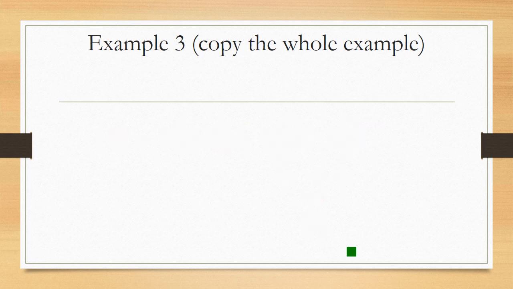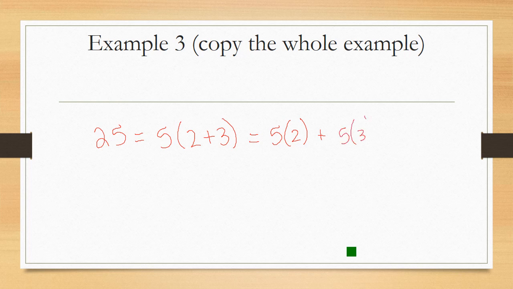And if we think back to example 2, which was 25, and we rewrote that using the distributive property as 5 times the sum of 2 plus 3, that means I have 5 2s, and if I add that to the 5 3s I have, 5 times 2 is 10, 5 times 3 is 15, 10 plus 15 is 25.